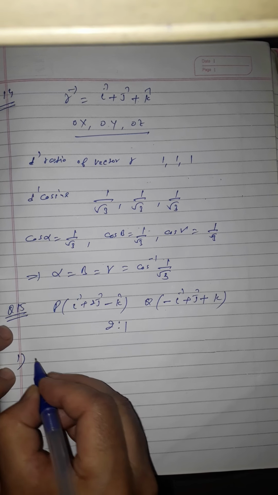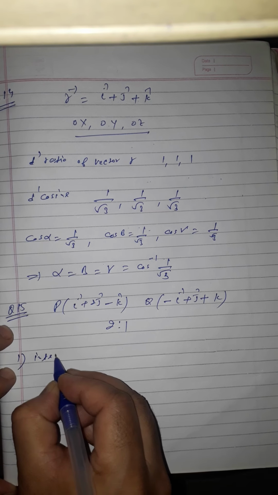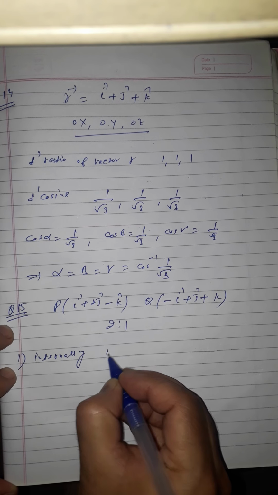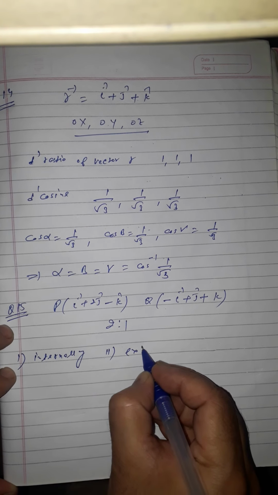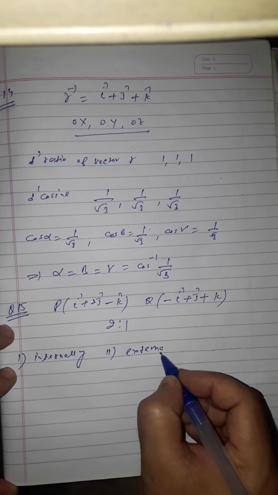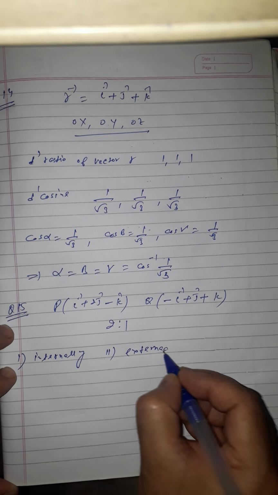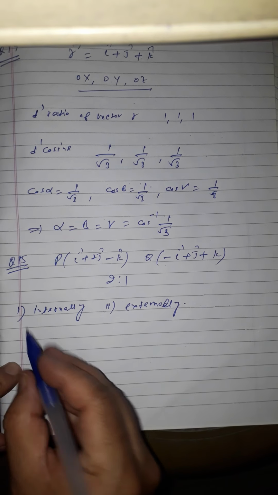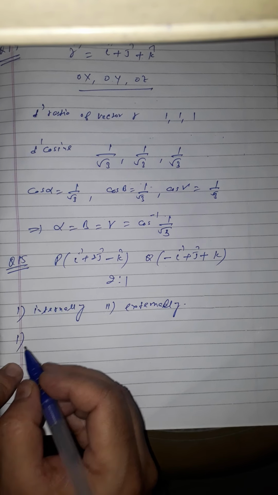It divides this line, number 1 internally and number 2 externally. Earlier I have told you, students, how we will find out. Let us come to the solution of the first one.